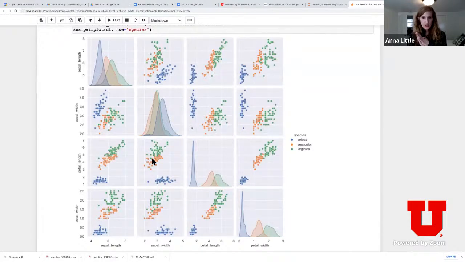The Setosa is pretty well separated, but there's a bit of mix up between the versicolor and the virginica. Here we can see the scatter plots of all combinations of pairs of features. Notice the petal length and the petal width actually seem to be a lot more helpful for distinguishing the classes than the sepal length and the sepal width.